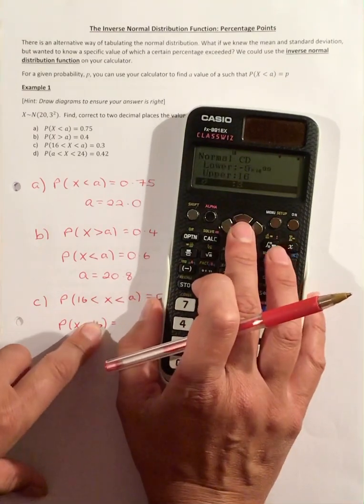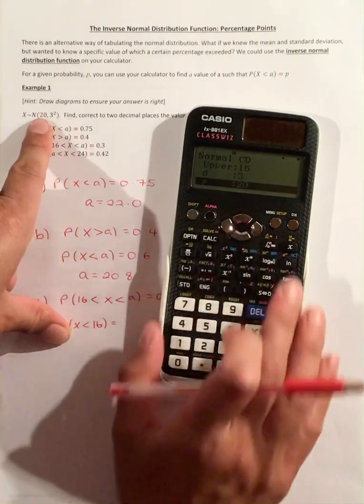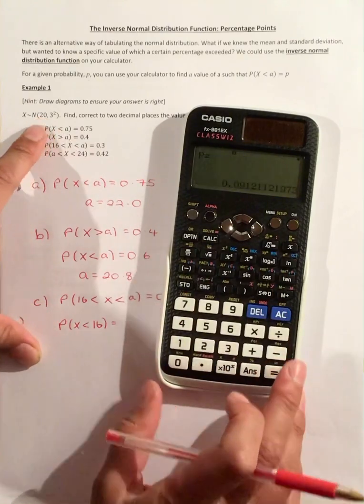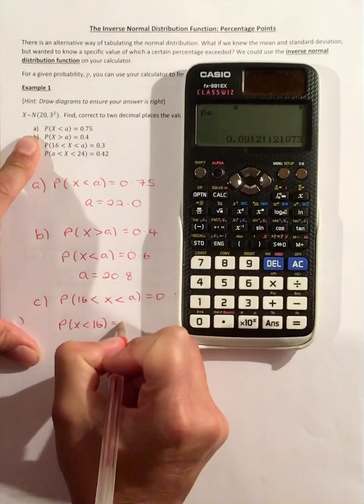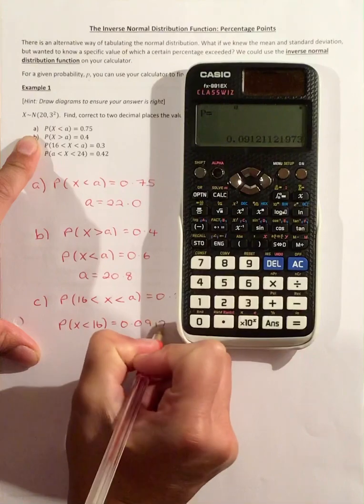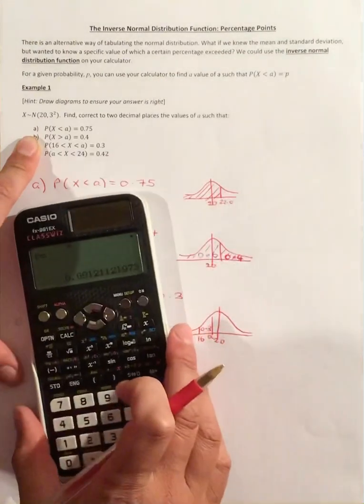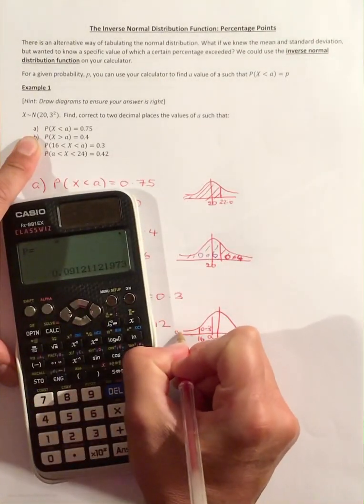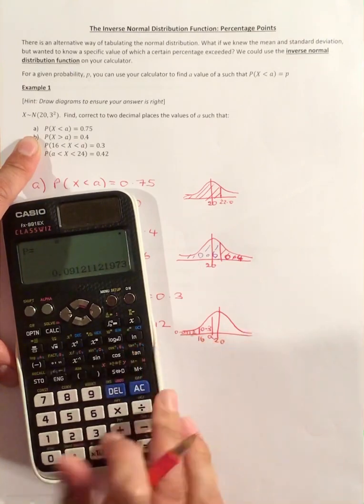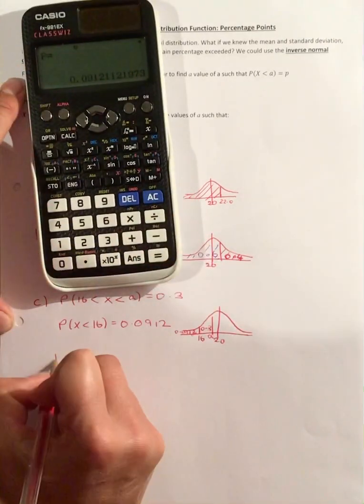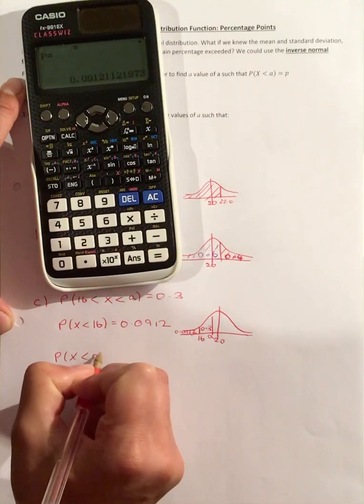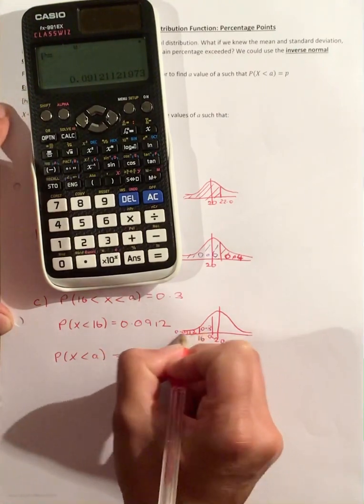Let's check that my standard deviation is 3 and my mean is 20. So my probability here is 0.0912. So the probability that x is less than a is these two added together.